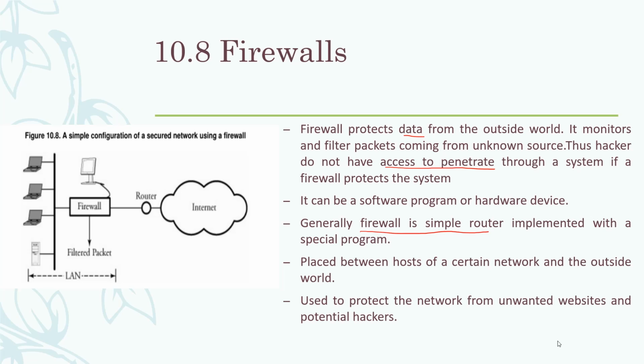The firewall is placed between the hosts of a certain network and the outside world. You can see in this diagram, this is the firewall. We can think of it as a hardware firewall placed between the network and the outside world, as we know, the router which connects a network to the outside world.